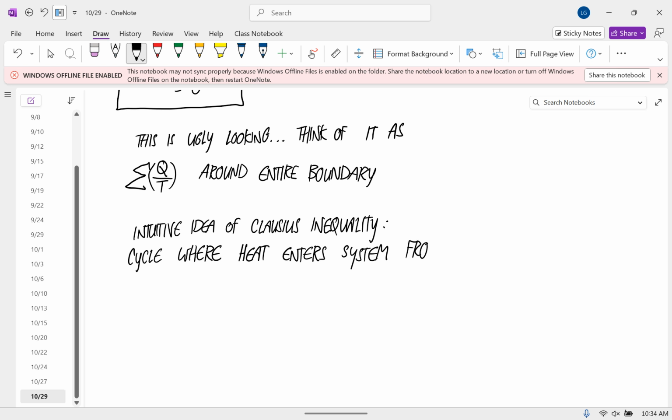So I'll call that TH. Let's call that TH 300 Kelvin. And the amount of heat, let's give that a number. Let's say that that's 1,000 joules of heat.